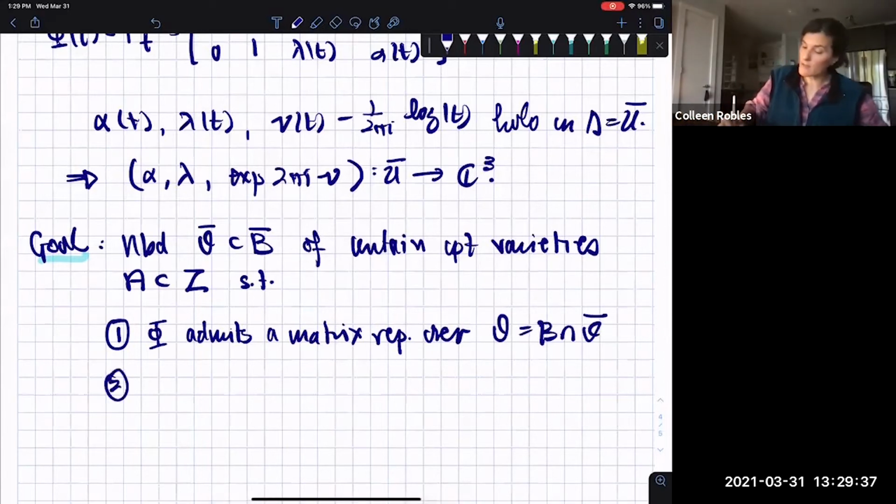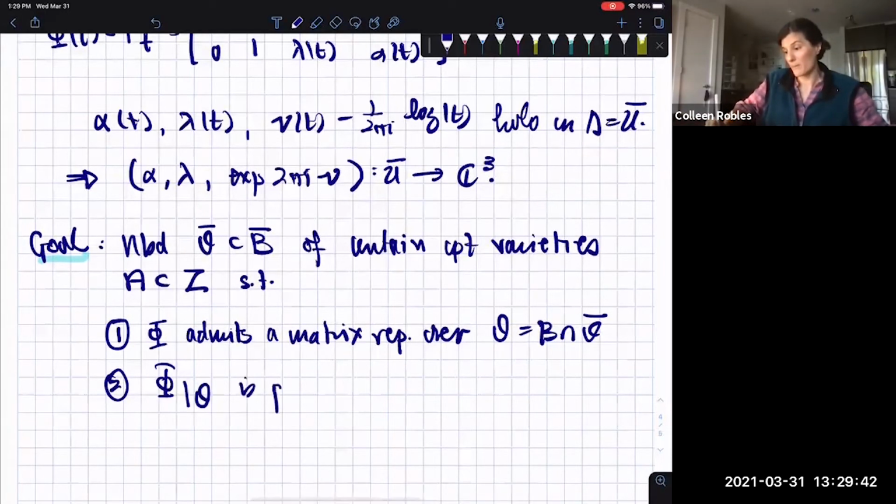And second, when I take phi and restrict it to that punctured neighborhood, it's proper.